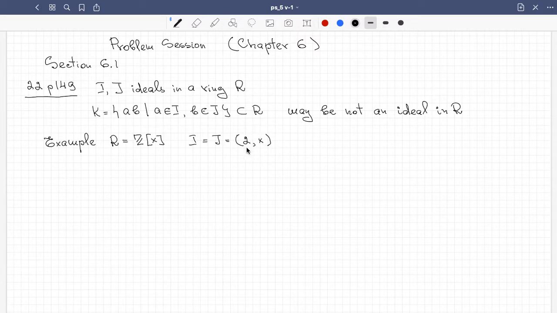This is a finitely generated ideal, though, as we once already discussed, not a principal ideal.